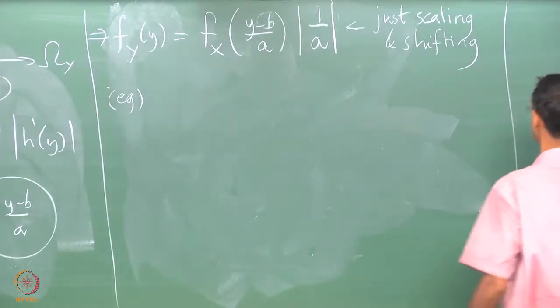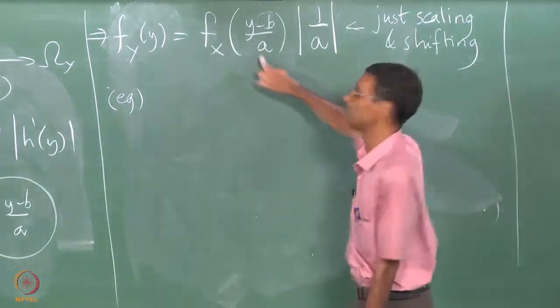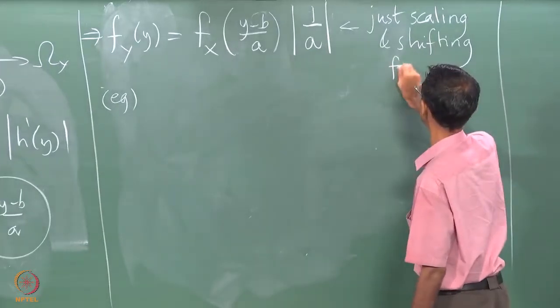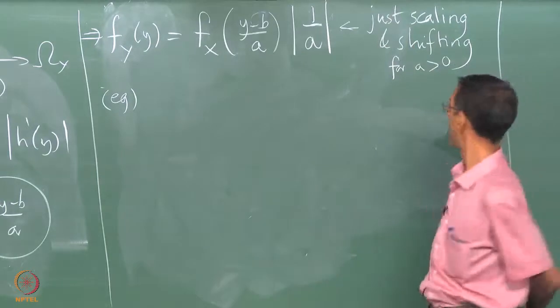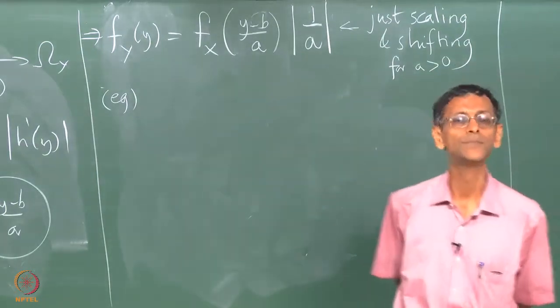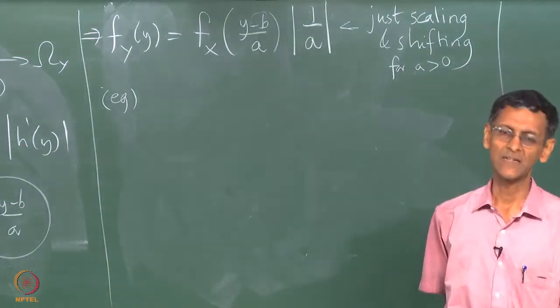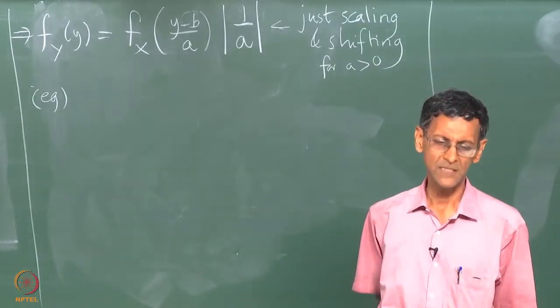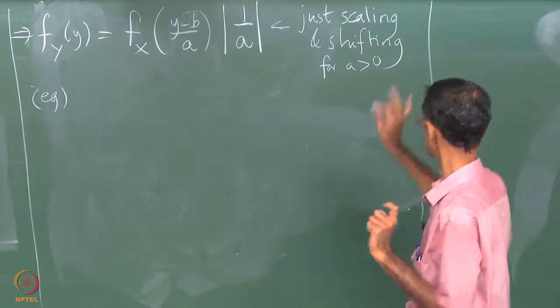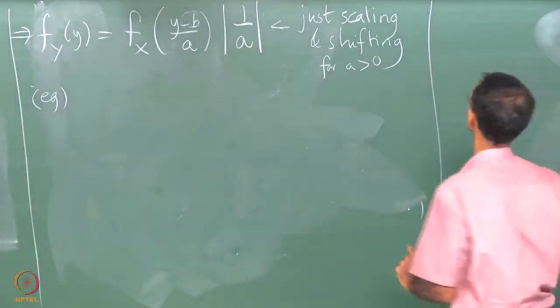And flipping, of course, if A is negative. So assuming A is greater than 0, it's just scaling and shifting. If A is negative, then there is a flip, but for our understanding, just assume A is positive.